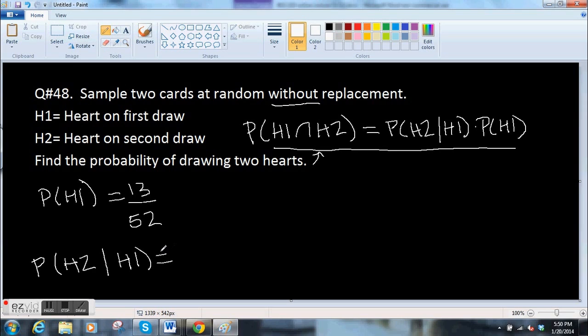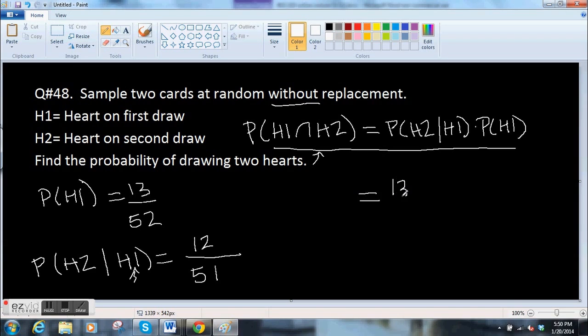So this one, you just have to think about the deck of cards for a minute and think, well, if I got a heart on the first draw, then there's only 51 cards left. And one of them, I took out, 1 heart there, so that means there's 12 hearts left. So the probability that the second draw is a heart is now 12 out of 51.